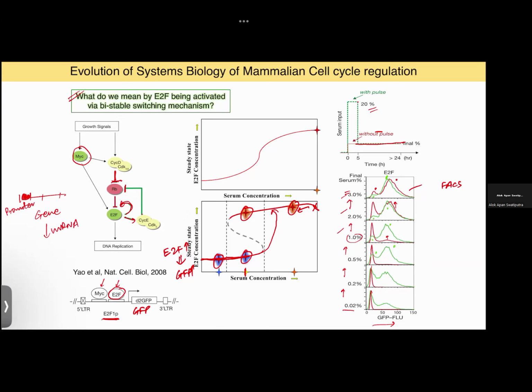Only when they dropped down to about 0.2% or 0.02% did the number of low GFP cells become more than the high GFP cells. So essentially, in the high to low direction, they had to drop down to a much lower value of serum percentage to start seeing the low population of cells.